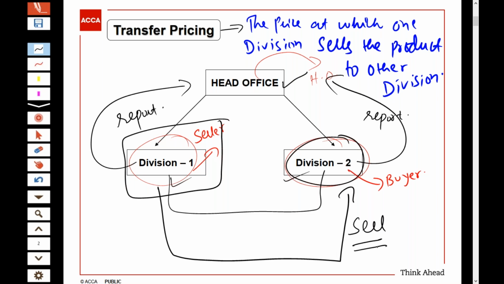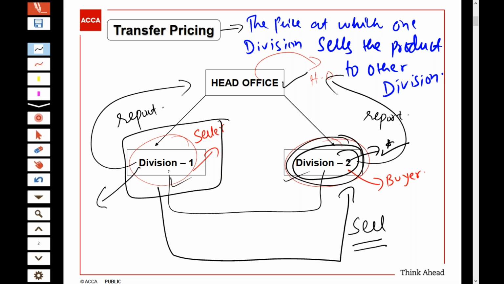Division 1 will not provide the goods for free. Why? Because if division 1 provides the product for free to division 2, it will be showing underperformance of division 1, and division 2 will be getting a product for free. That means its performance will be high, its performance will be good, its profits will be high.